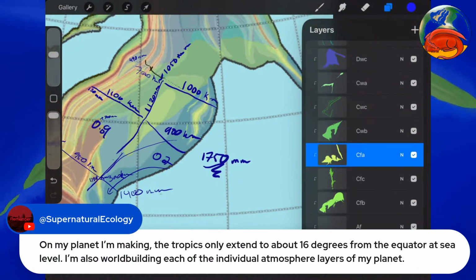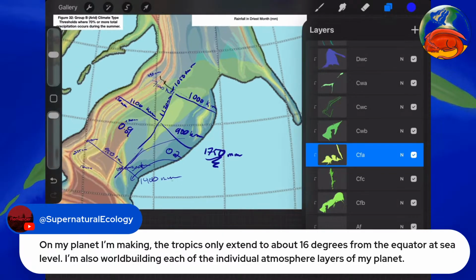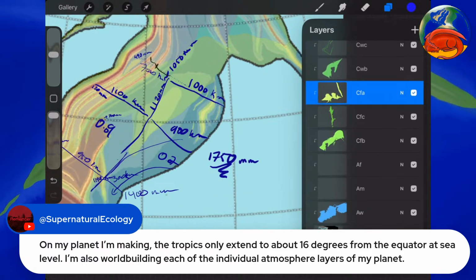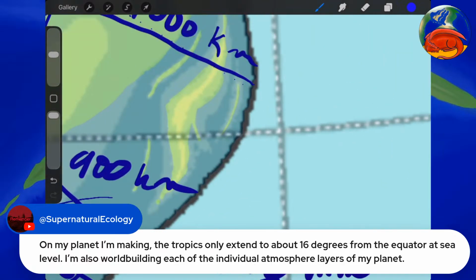I mean, how far have we got tropics here? 0, 15, 30, I don't know, 20 something. All right, so we are gonna add in here.